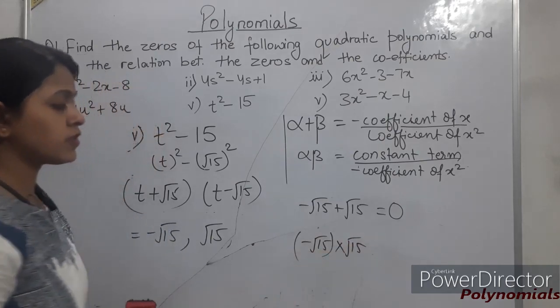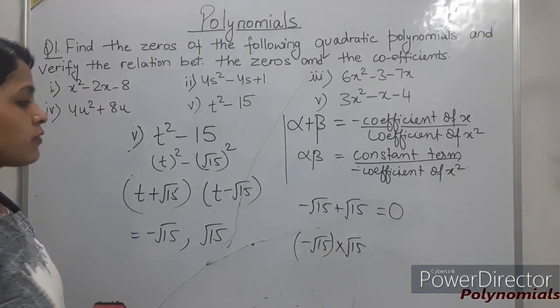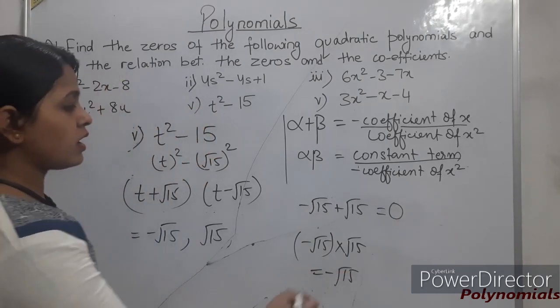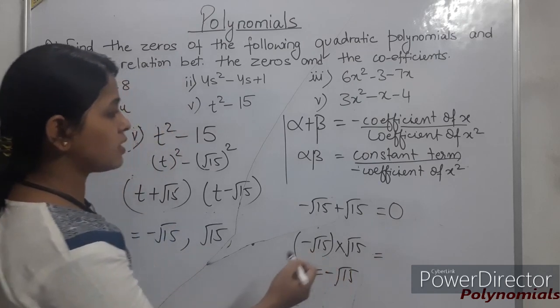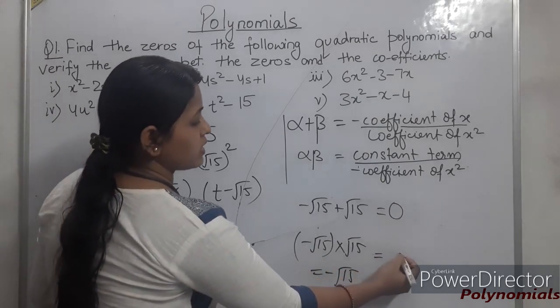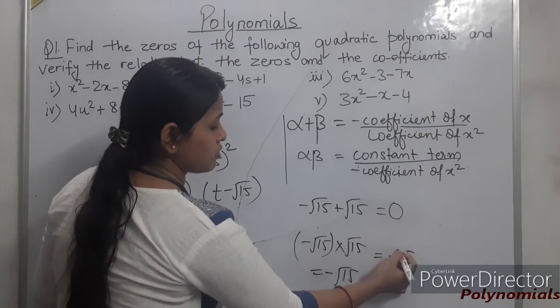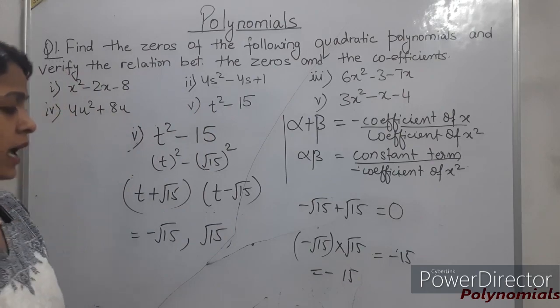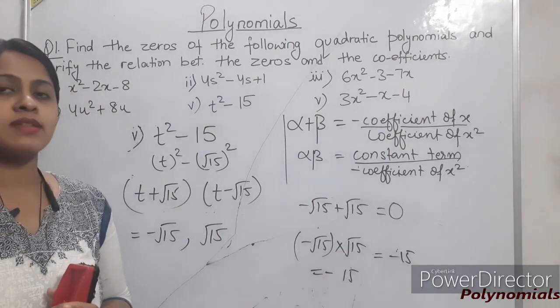So root 15 into root 15 is equal to 15, okay, and here is a minus sign. Now here it should be constant term divided by coefficient of x square. So we can write it like, it is minus 15 and here also minus 15, okay. So again the LHS and RHS are same.